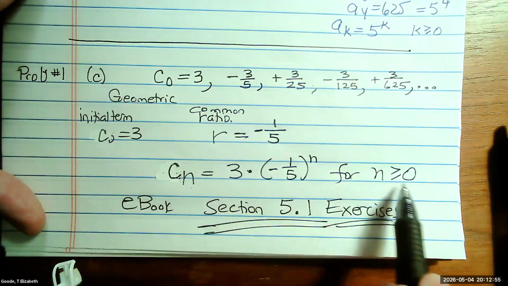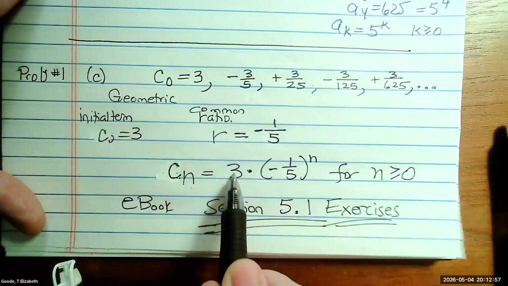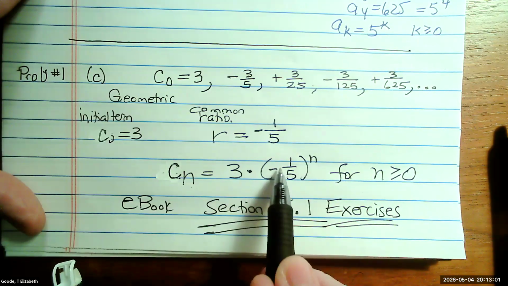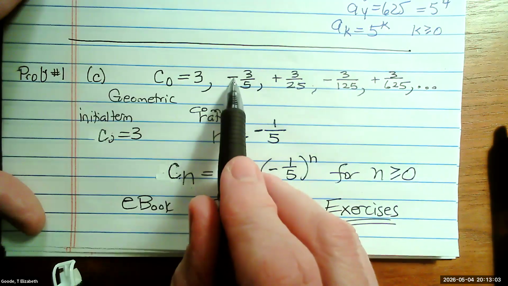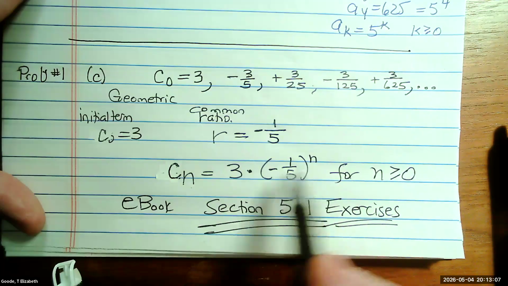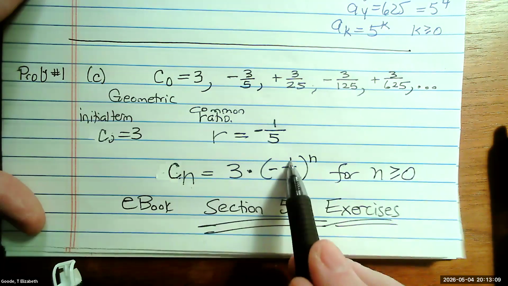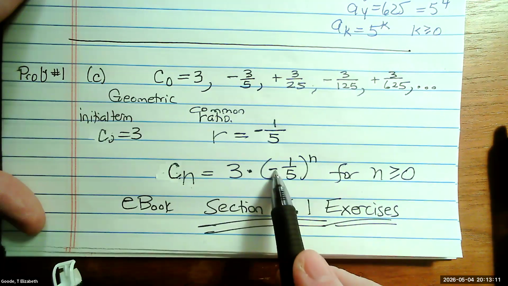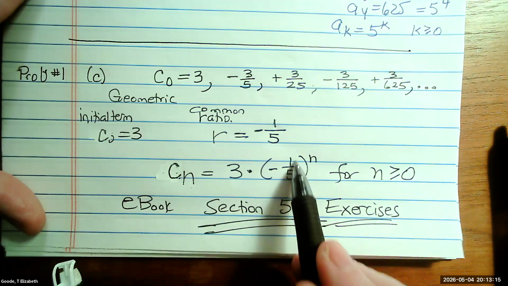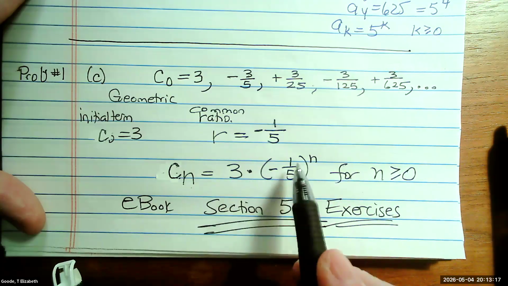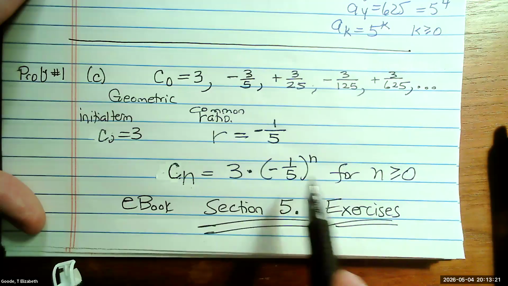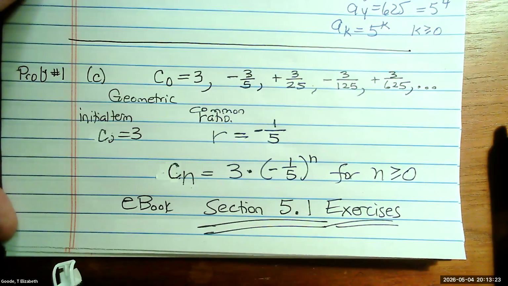All right, so now plug in 1 for n. 3 times -1/5 to the 1. So it's just 3 times -1/5. Yeah, that's -3/5. Plug in a 2. 3 times -1/5 squared. Well, when you square a negative, it gets positive. When you square 1/5, you get 1/25. 3 times positive 1/25. Oh, yeah, it works. See what I mean? Like you can check your formulas.